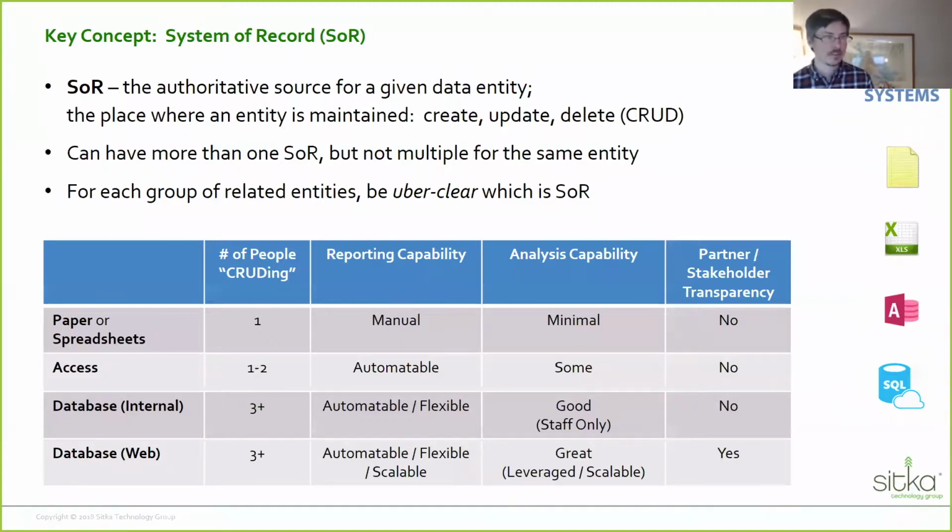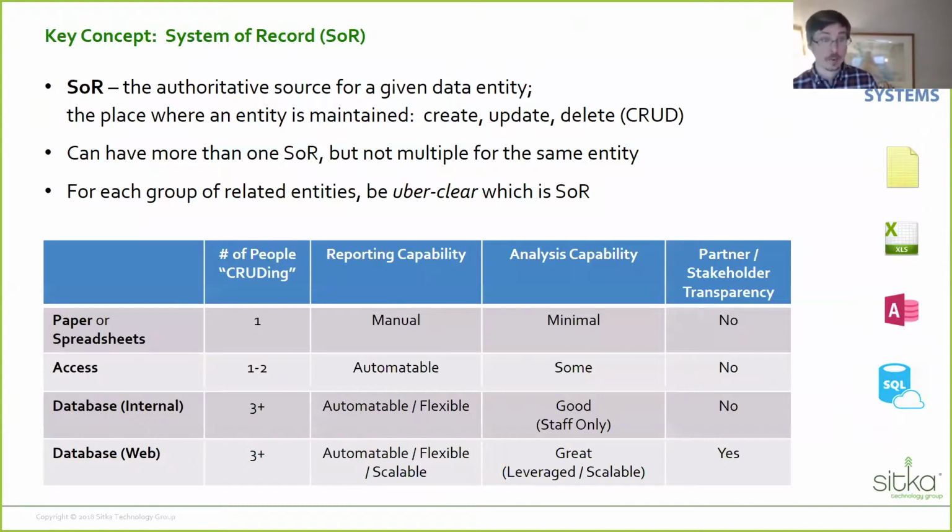Access databases or complex spreadsheets can support 1 to 2 people updating the data. It helps automate the reporting capability. It does provide some analysis capability, minimal transparency to stakeholders. Internal databases help when a lot of people need to get in there and update data.